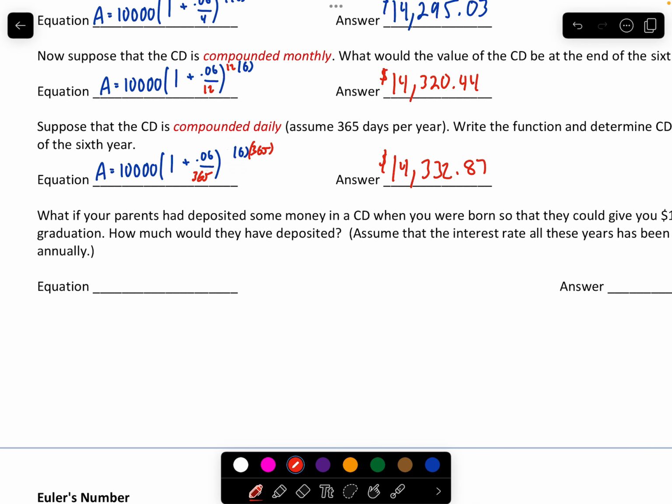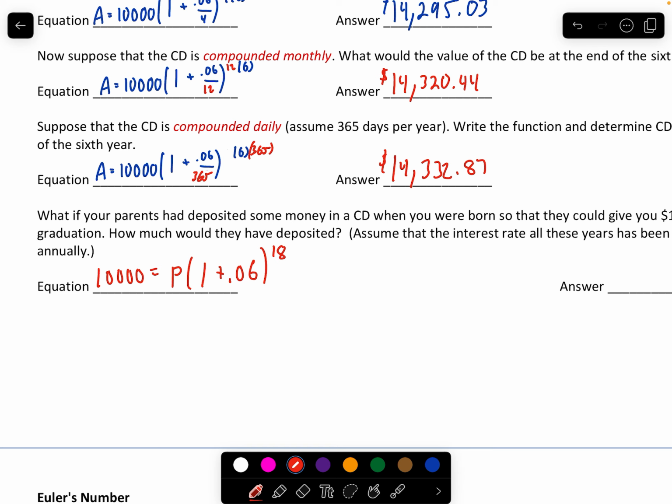All right, so I want 10,000 to be here. I don't know what P is. My R is still 0.06. And we're going to assume that it's been 18 years.